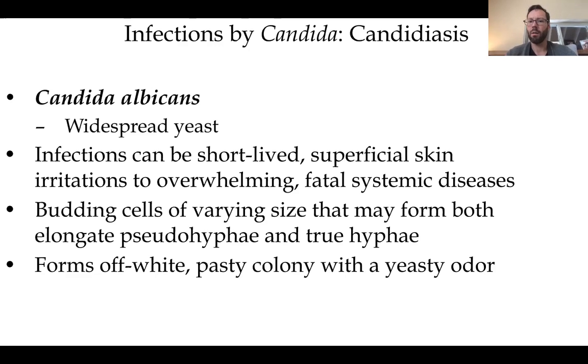Short-lived, usually superficial, can lead to systemic infection in some cases, but is not a very common threat. The cells can turn into pseudohyphae or true hyphae.